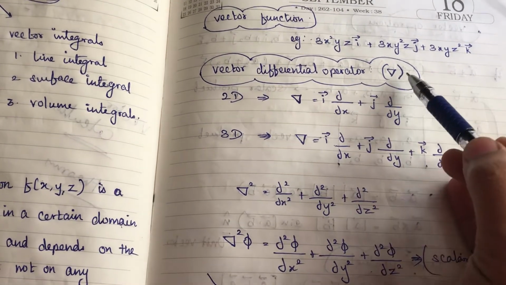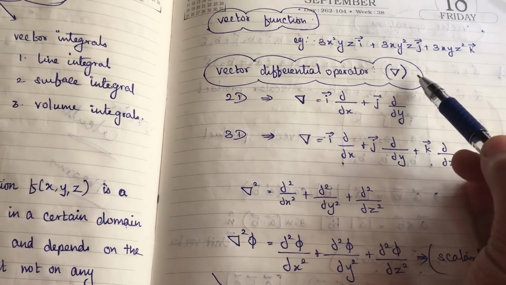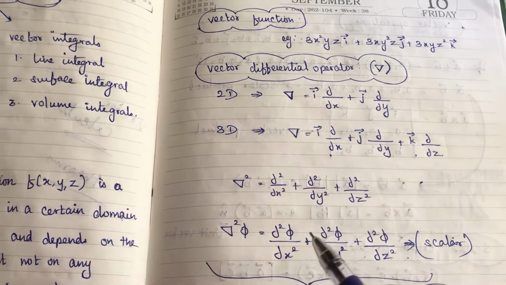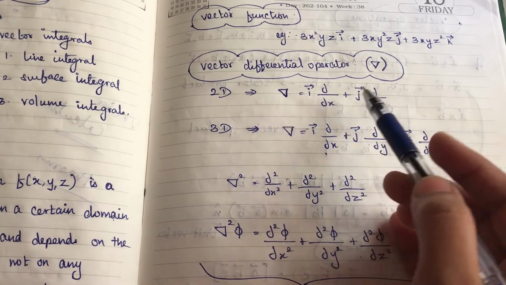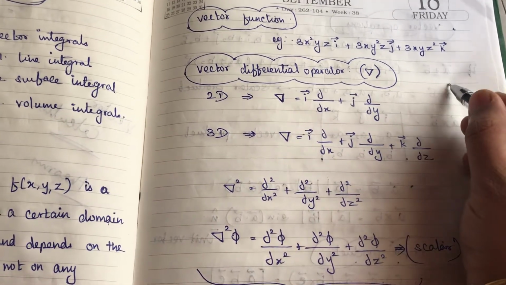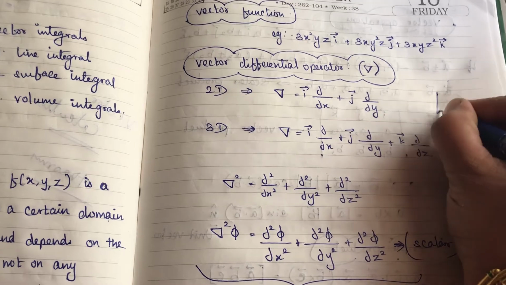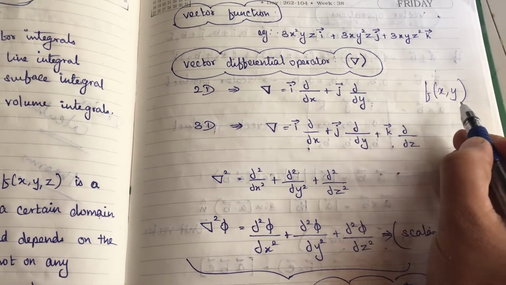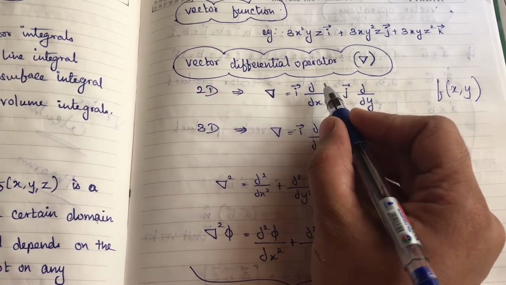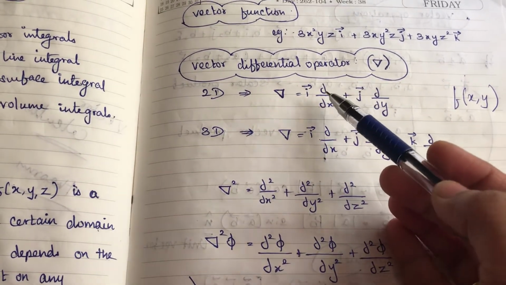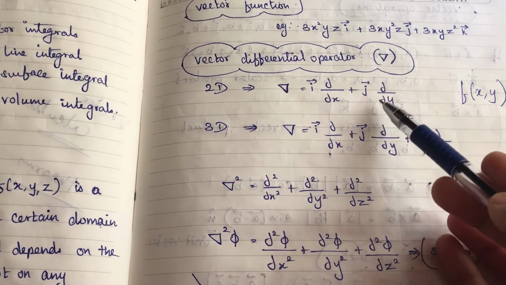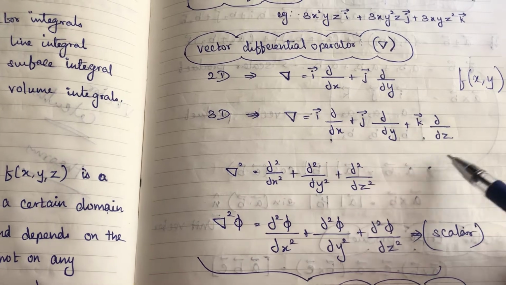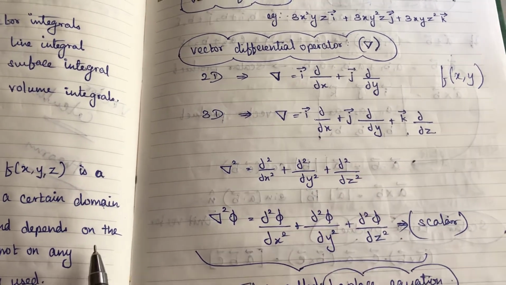Generally this symbol is nothing but del. So the vector differential operator for 2D is i into dou by dou x of the function. If f is a function of x, y, you need to put f here. So dou by dou x into i, dou by dou y into j. If 3D, just add dou by dou z as here.